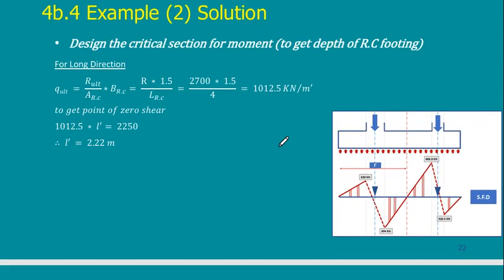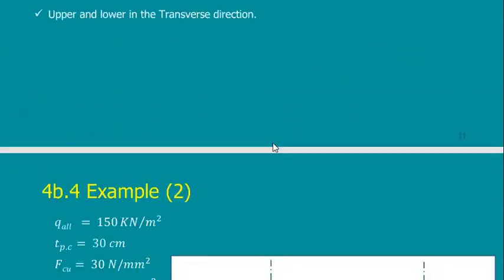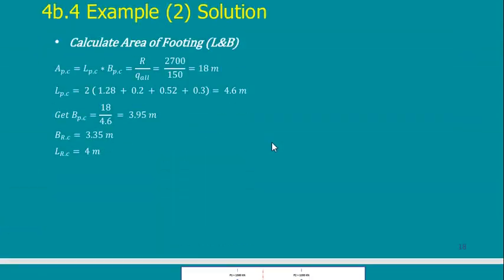Now I go to the design. Imagine now this one footing is like a beam. You remember my column loads here, just a moment. Where are my loads? Yes, here.